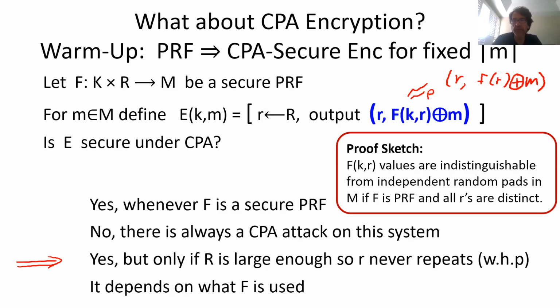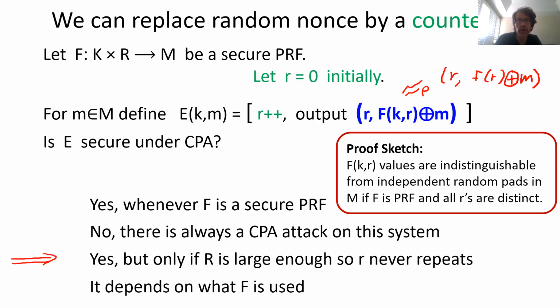But okay, so let's say you believe in this reduction, right? So this is the move from the blue world, which is the real world, to the idealized world where we replace the PRF with a true random function. And now the only thing is collisions in R's, right?